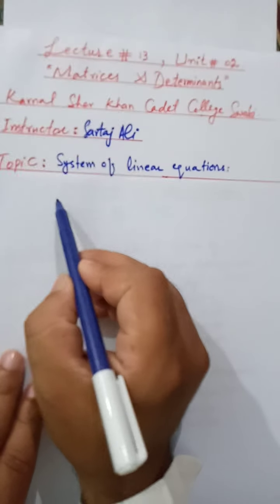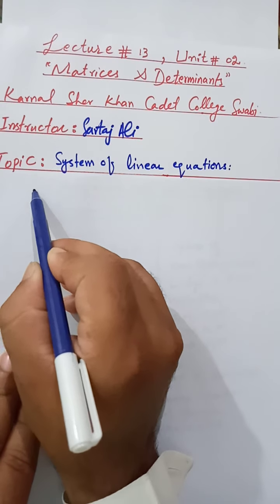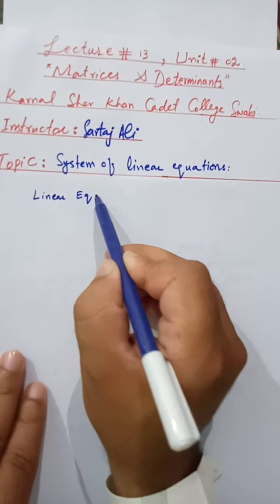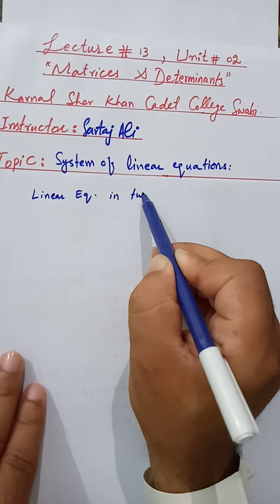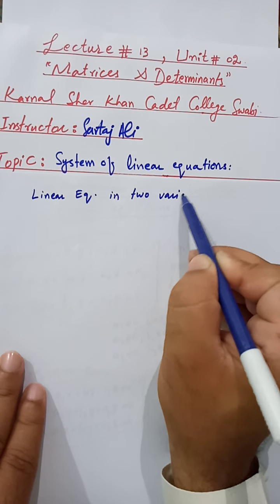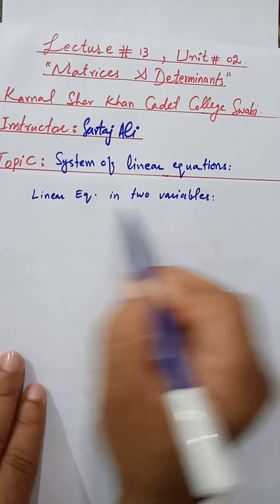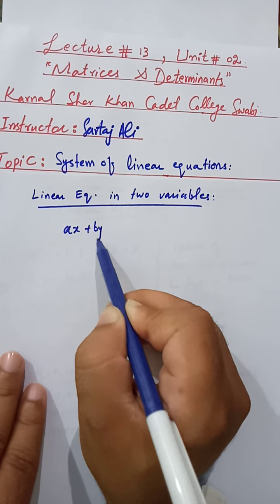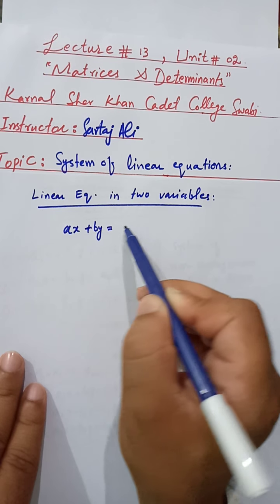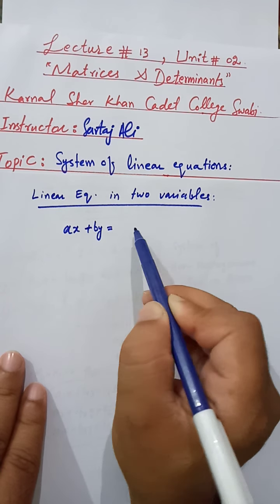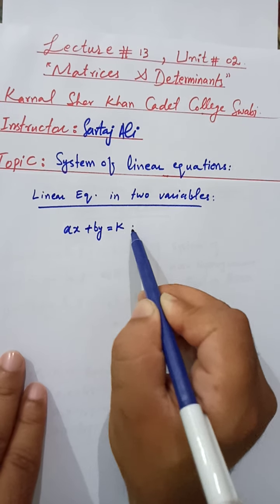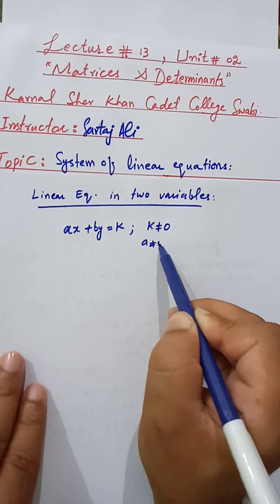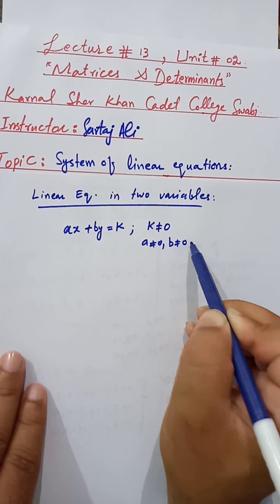So you know that linear equation in 2 variables, if I start from the basic, the standard form or the general form is ax plus by equal to c, or you can write it as ax plus by equal to k, where k is not equal to 0, a is not equal to 0 and b is not equal to 0.